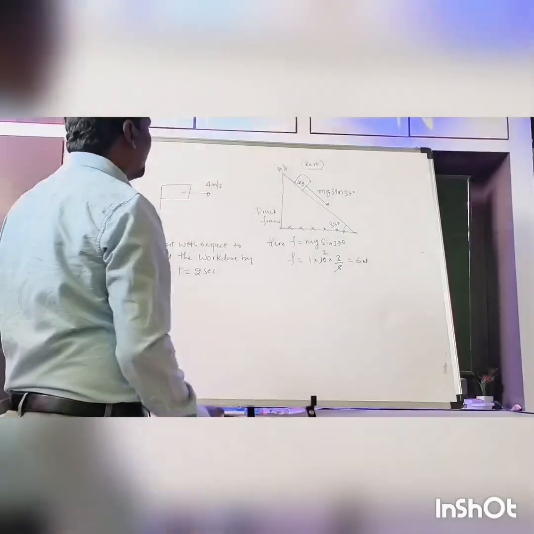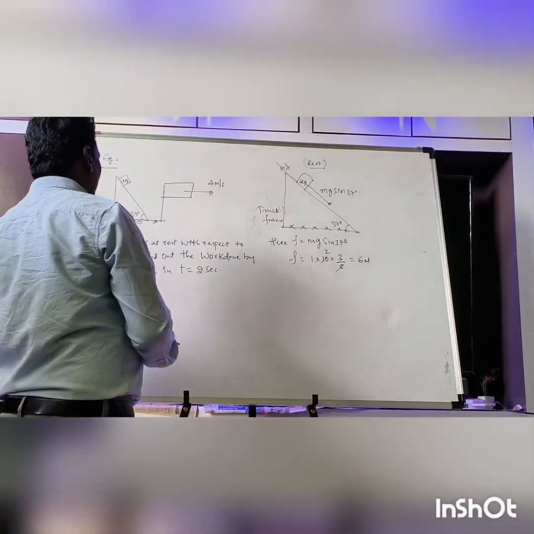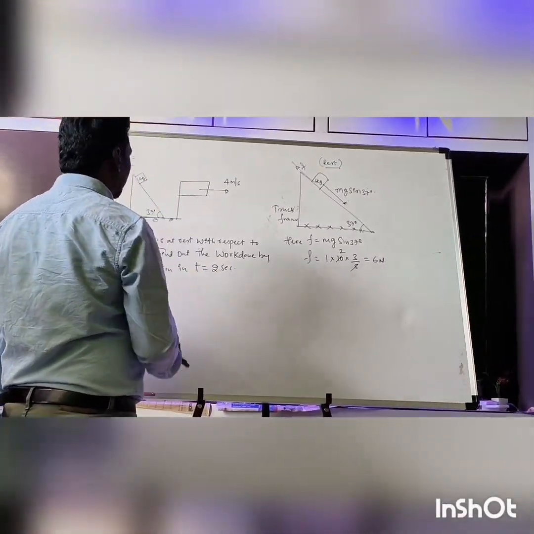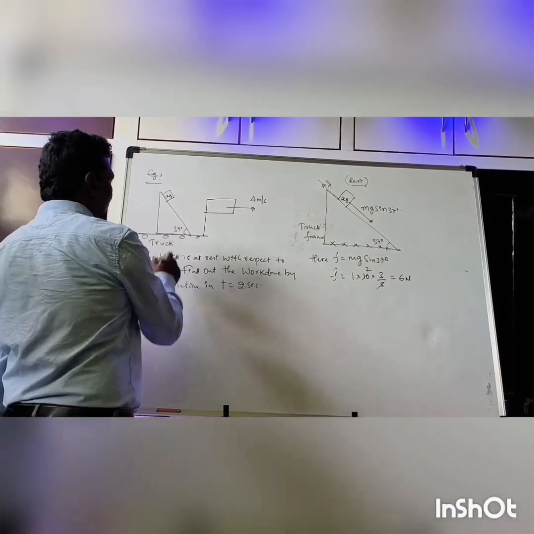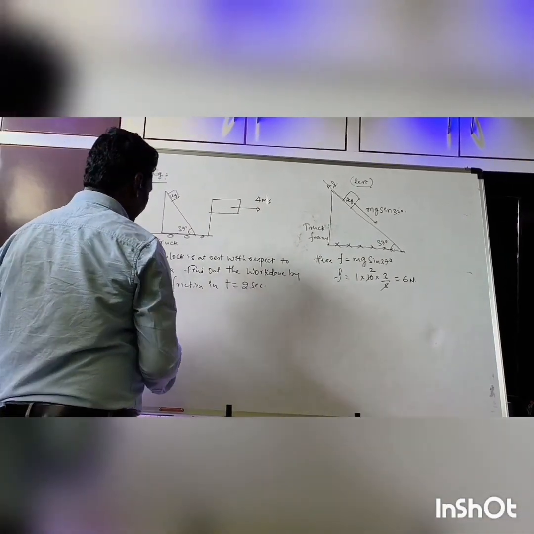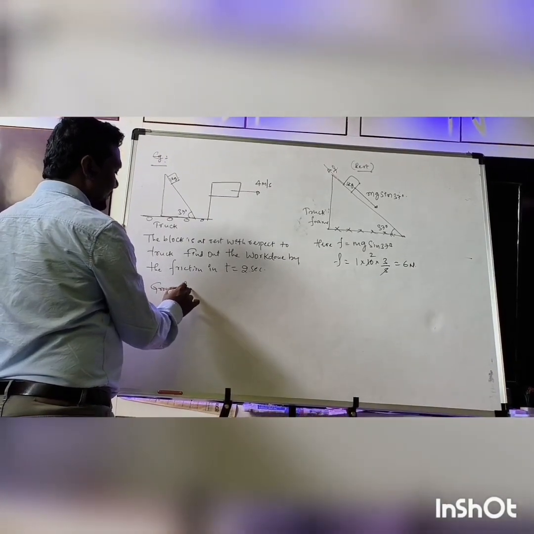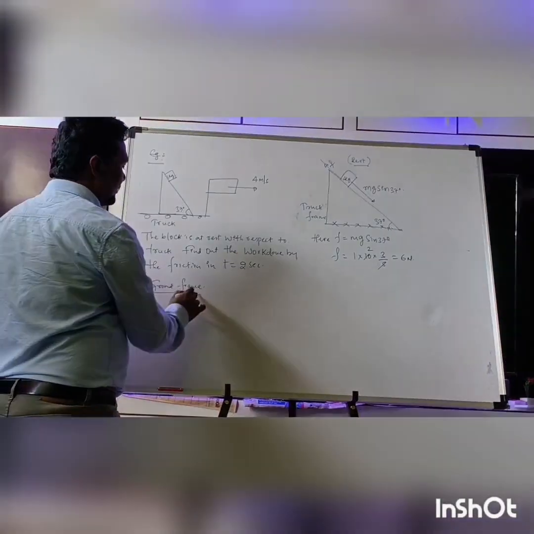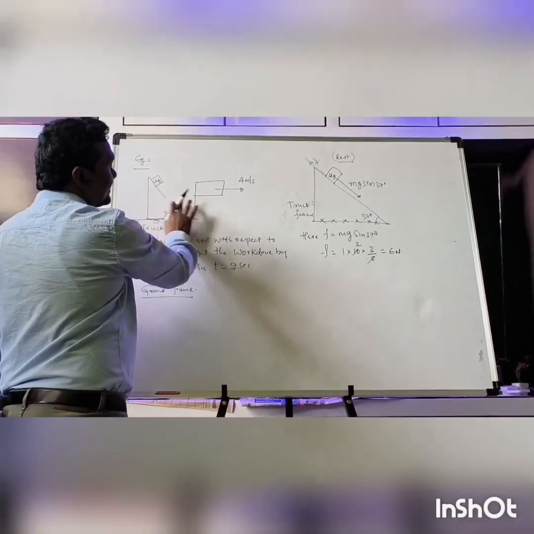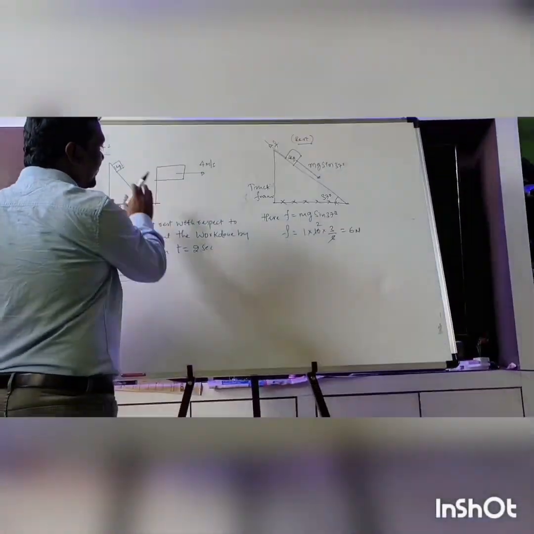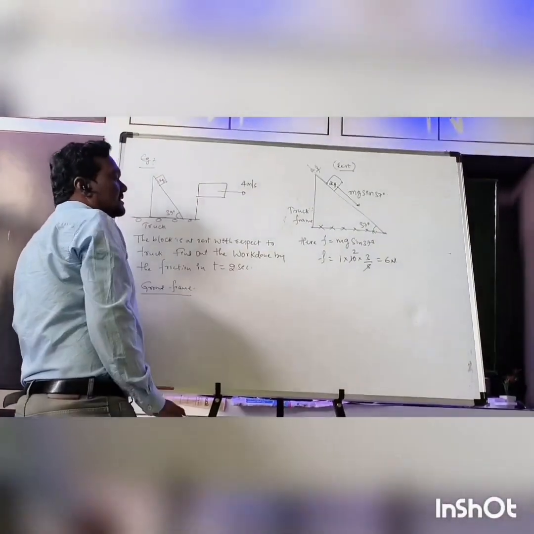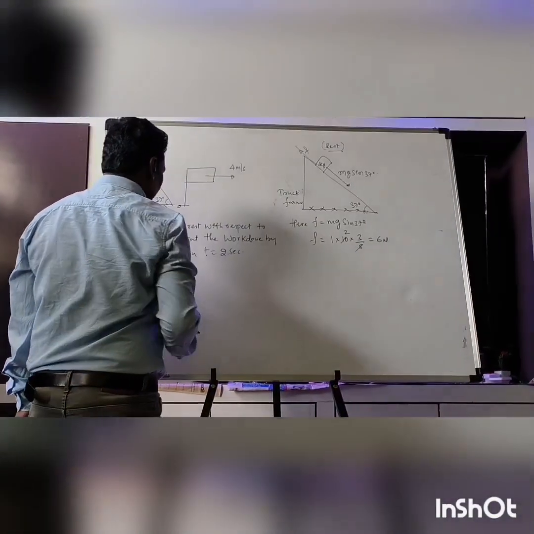Now what we have to do? We have to find out the work done by the friction at t equal to 2 seconds. When I am observing the truck from the ground frame, the truck is moving horizontally, in a straight line along the x-axis, at 4 meter per second.